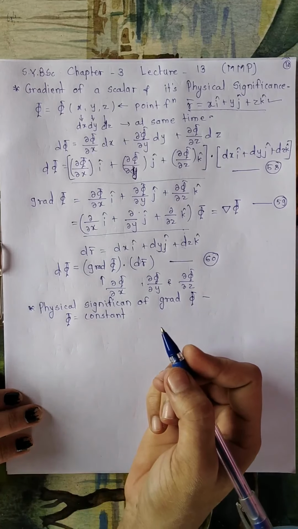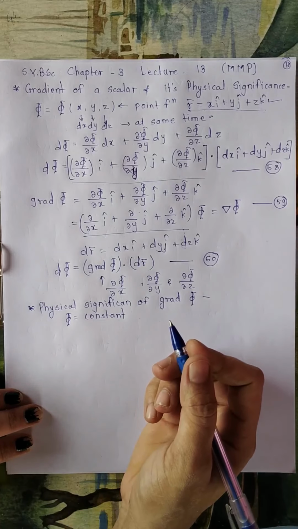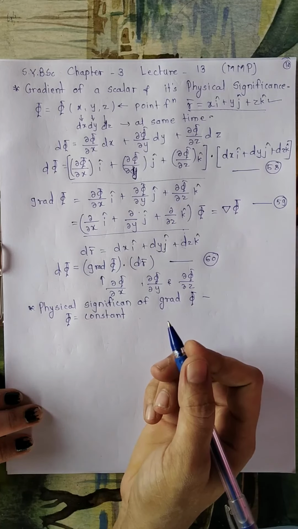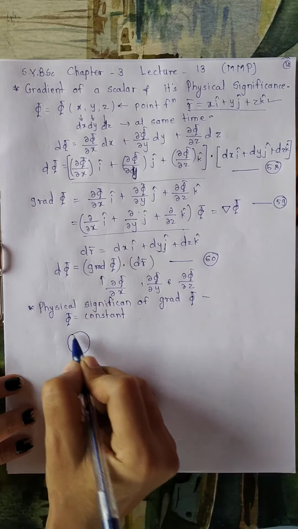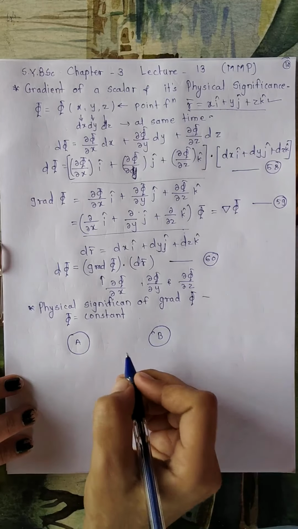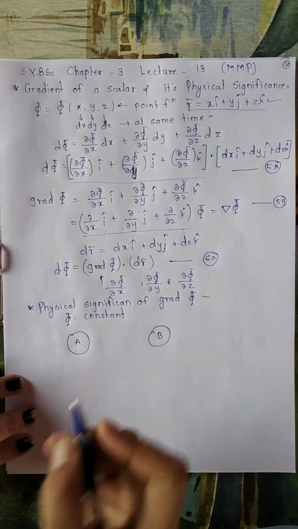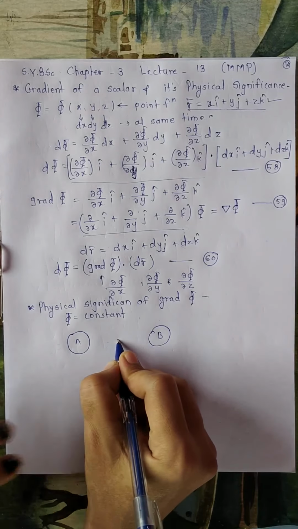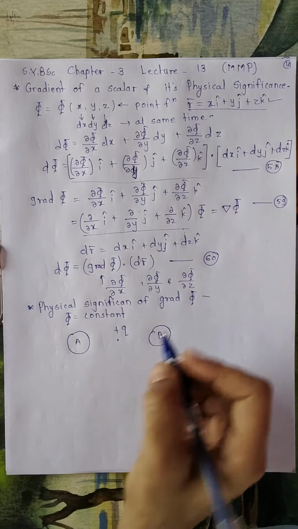For example, if we take a scalar function of electrostatic potential, then in this situation we consider two spherical surfaces, let's say surface A and surface B, of electrostatic potential due to the point charge plus Q, which is at the common center of these two surfaces.